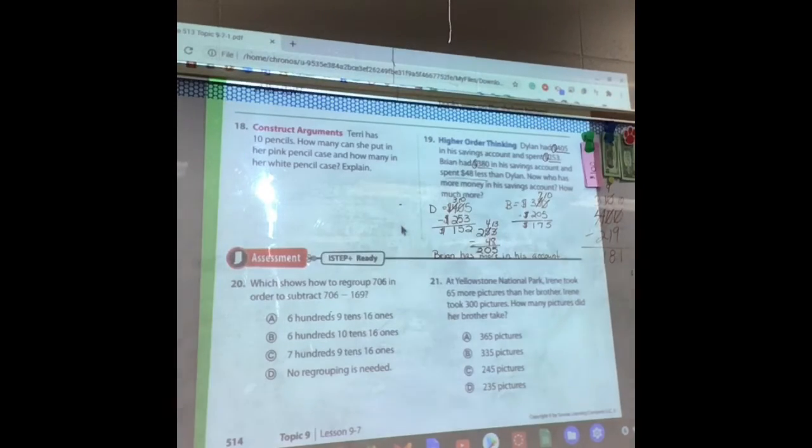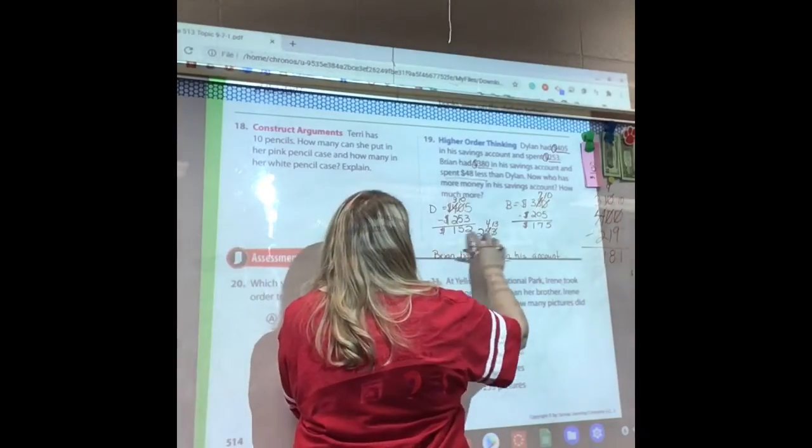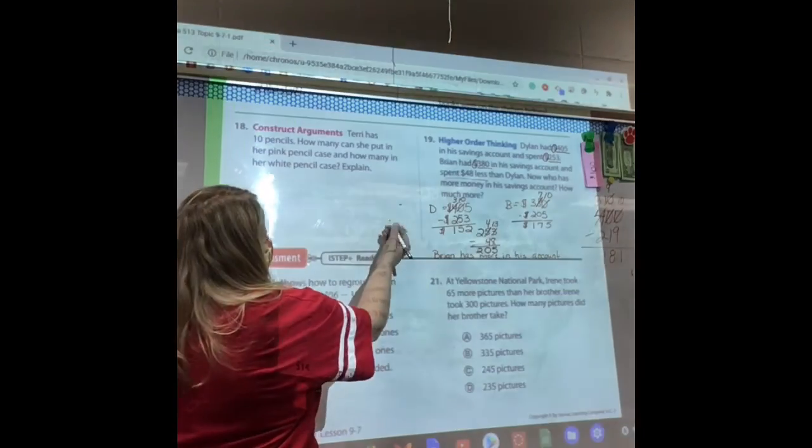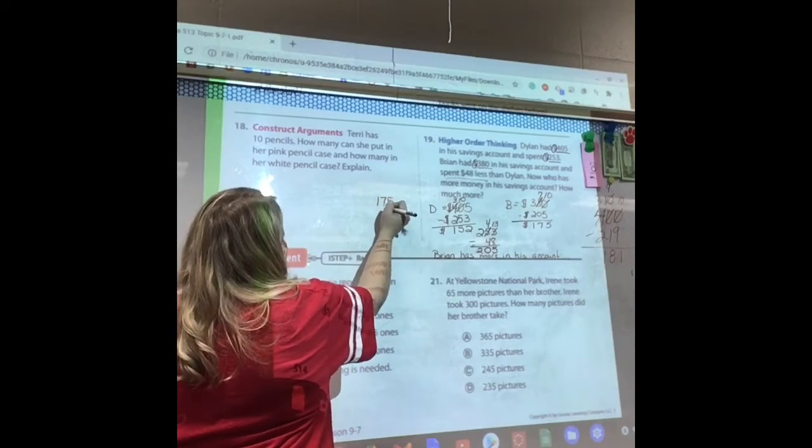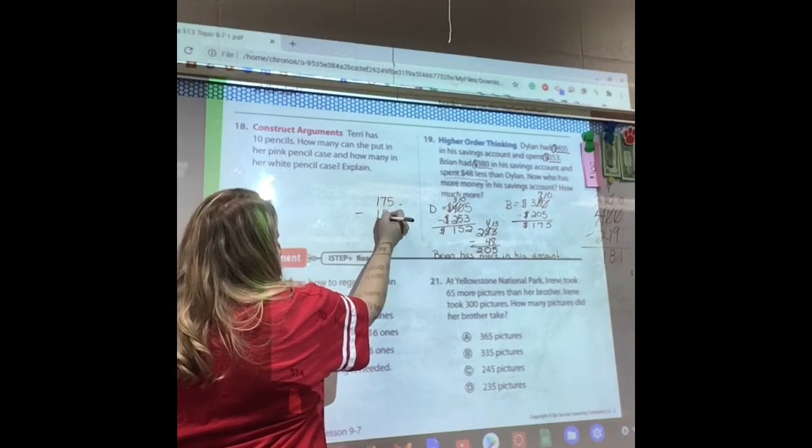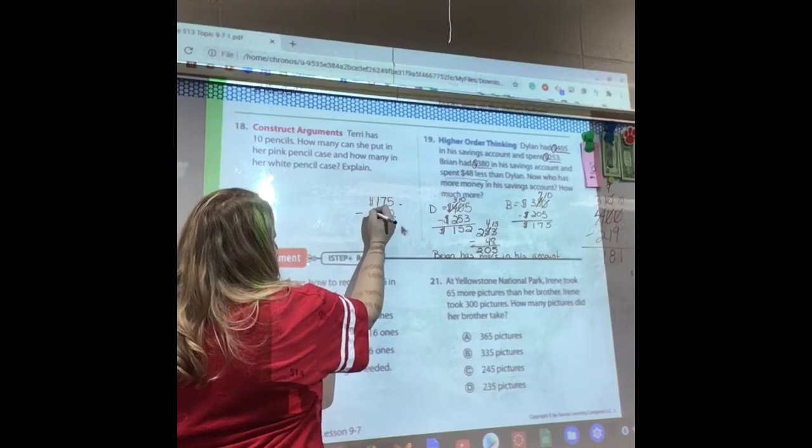No, there's another question. How much more? Now what do we have to do? Oh, I know. We have to subtract. Tell me what we're going to subtract. 175 from 152? Yep. Okay, so we have to take their accounts though. I'm going to put mine over here since we're not doing this. 175 minus 152 dollars.